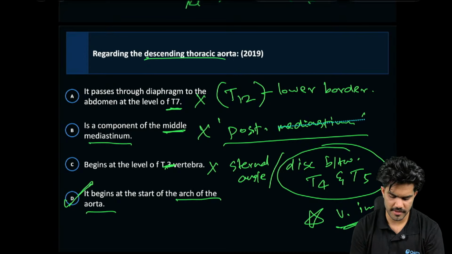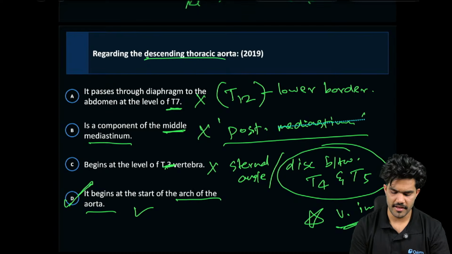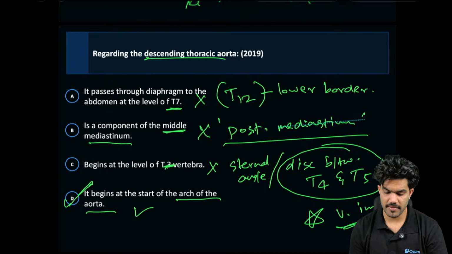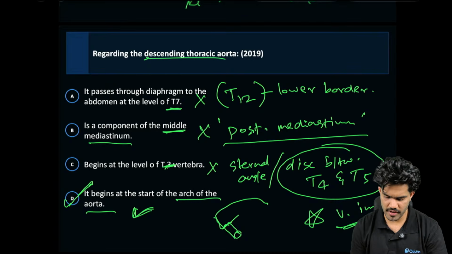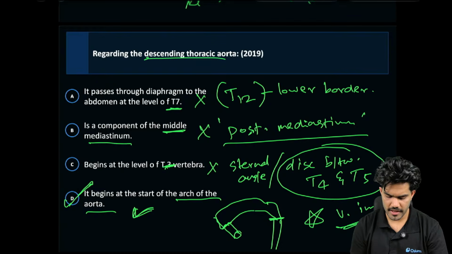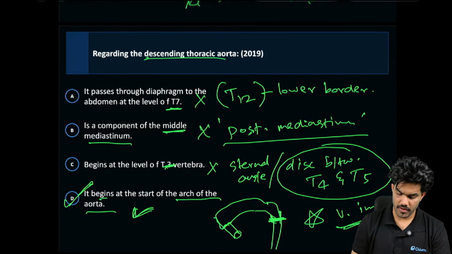Yes, this one will be the right answer. A, B, C wrong. Descending thoracic aorta begins from the ascending aorta, this is ascending aorta, this much arch of aorta, and then starts who? Descending aorta. So it begins from the start of the arch of aorta.